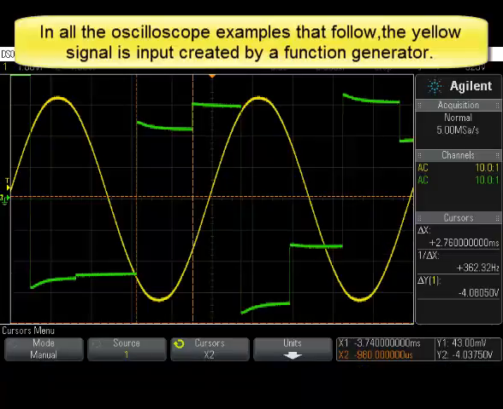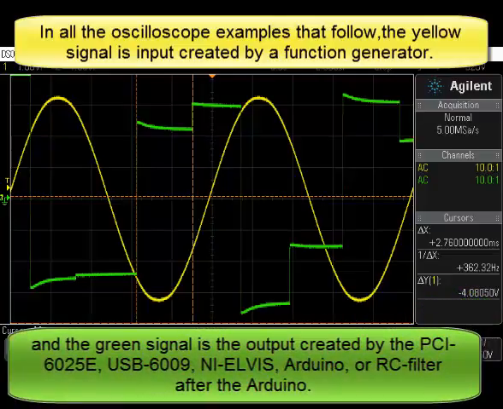In all the oscilloscope examples that follow, the yellow signal is the input created by a function generator, and the green signal is the output created by the PCI6025E, the USB6009, NI-ELVIS, Arduino, or RC filter after the Arduino.